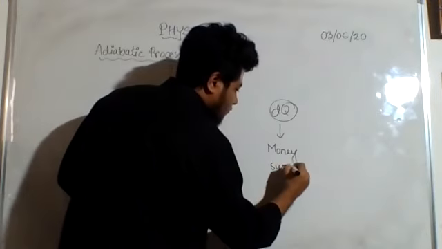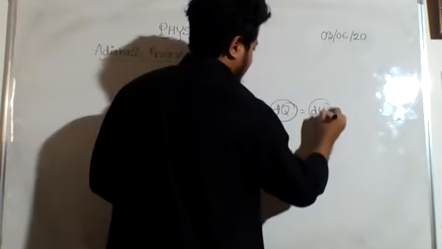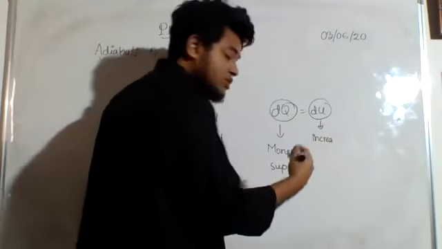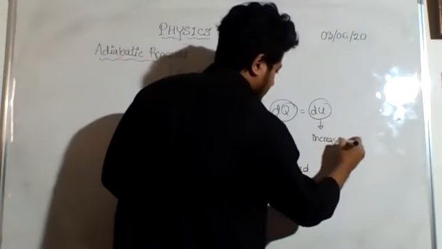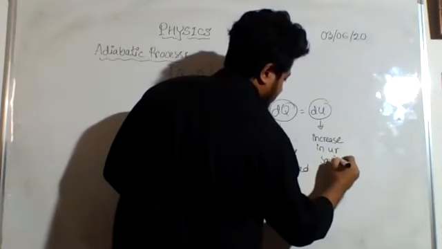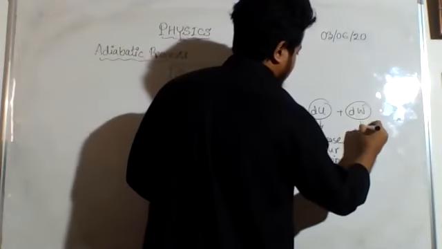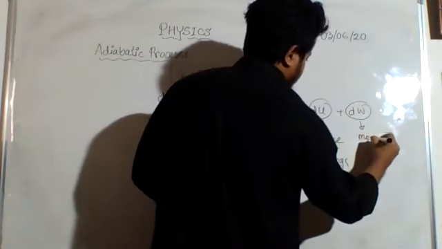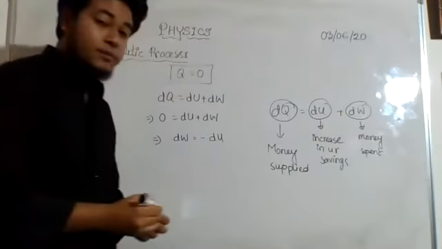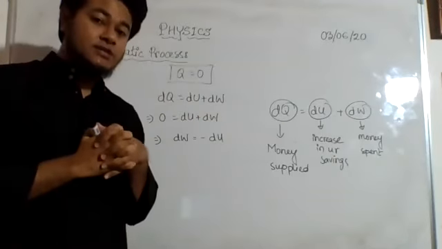Let us see if you understand this analogy or not. du is the increase in your savings, and dw is the amount of money spent.